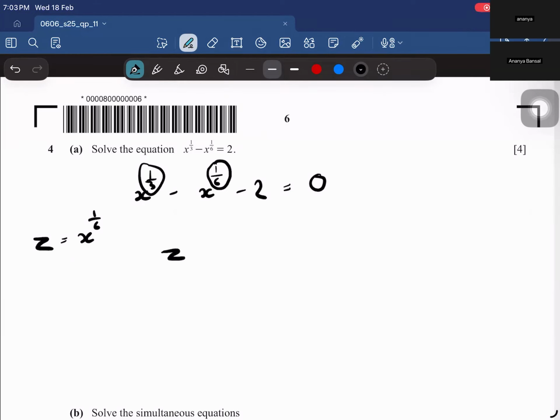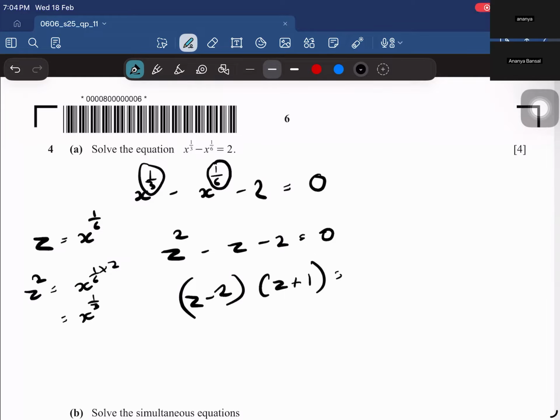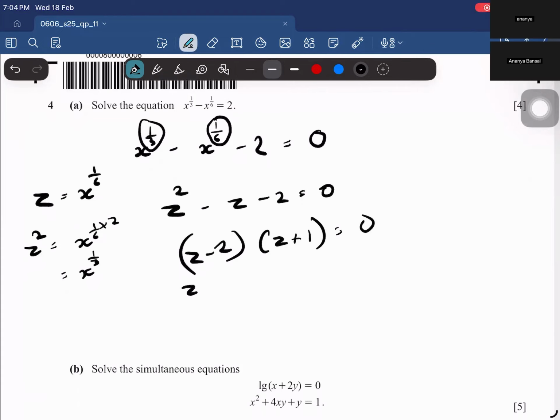So if I rewrite my equation, I can write it as z squared, because z squared is x to the power 1 over 6 times 2, which is x to the power 1 over 3. So z squared minus z minus 2 equals 0. You can factorize this to be (z minus 2) times (z plus 1) equals 0, which means z equals 2 or z equals negative 1.